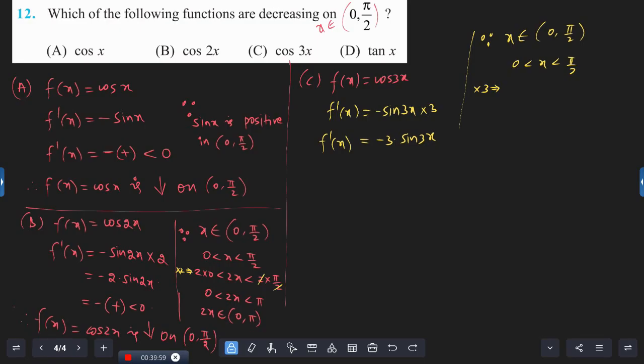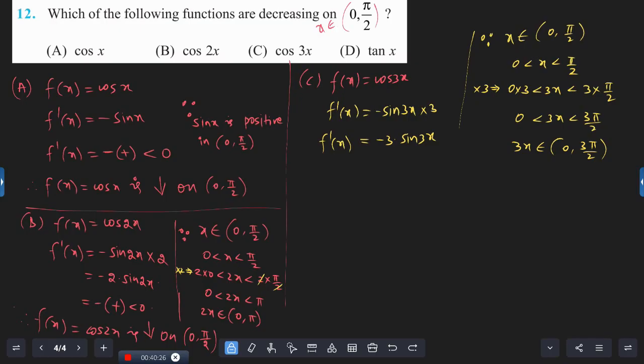So what am I getting? 0 into 3 is 0, less than 3x, less than 3 pi by 2. 3 pi by 2, including first quadrant, second quadrant, third quadrant. That means 3x belongs to 0 comma 3 pi by 2, from first quadrant to third quadrant.